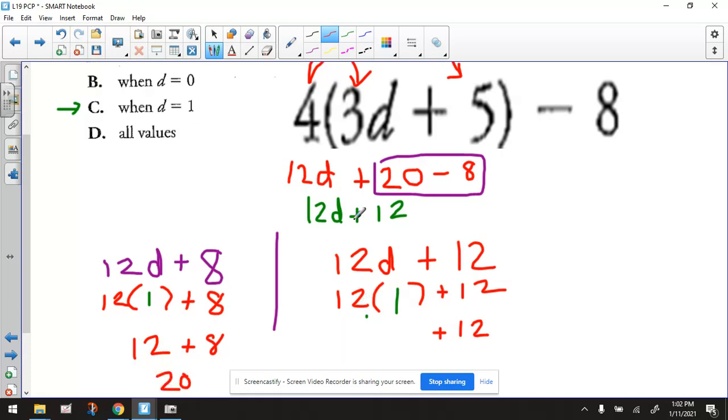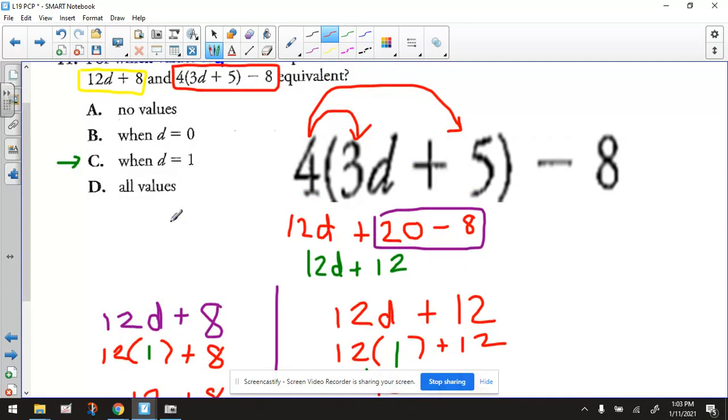And if we finish this for this expression, which is the simplified version of this, by the way, if I simplify this and do 12 plus 12, that's 24. Now 20 is not equal to 24. So by putting in the number 1 into the place of D, that doesn't change it. It's still not equal. So that's not an option.